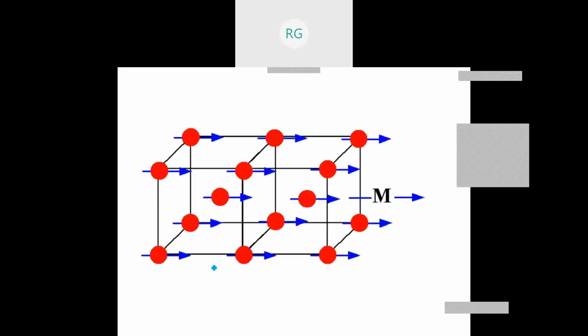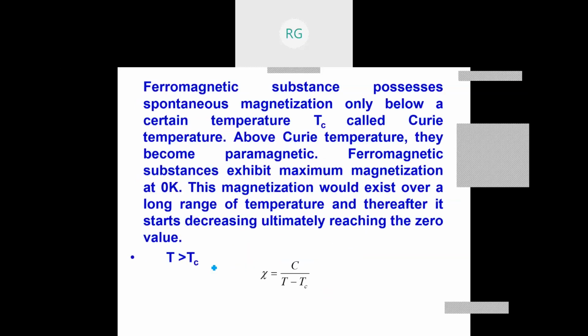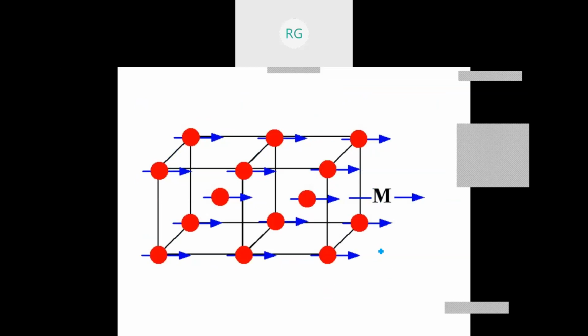Now you see this structure. This is the unit cell of a ferromagnetic substance, the unit cell of cobalt oxide, and this material will have two unit cells like this. Each atom in the cell will have a magnetic dipole moment in this direction, all of them in the same direction at a temperature below Tc.